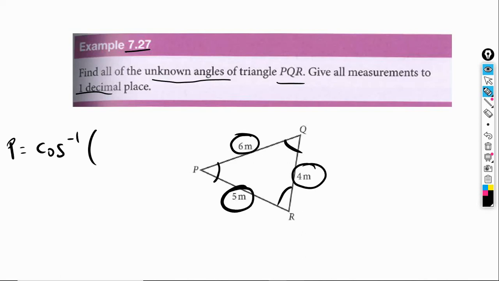It doesn't really matter the order in which A and B are, but it certainly does matter what C is, right? C is always going to be the opposite side to the angle.